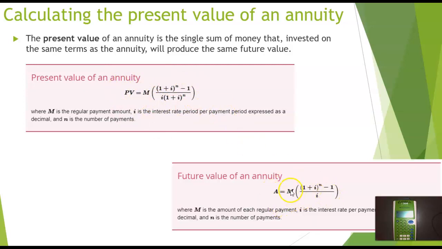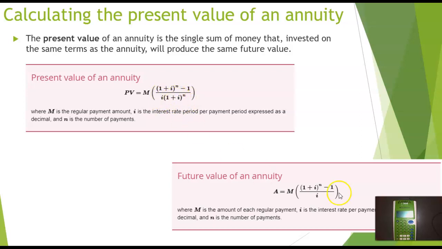Here's the formula that we just looked at on the formula sheet. And there are some similarities between the two of them. So if you look here, the M is the same. The top line of 1 plus I to the n minus 1 is the same. But our dividing line has an extra 1 plus I to the n in it.